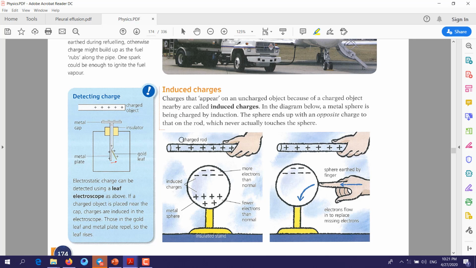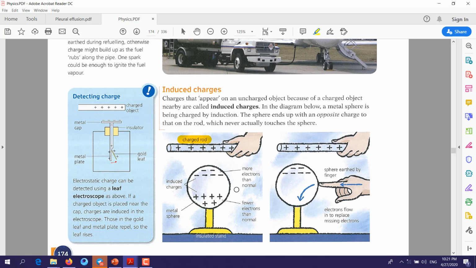You have a charged rod. It has positive charge, so it's positively charged. And you have an object. This object is neutral. It has no charge. Why? Because the number of electrons is equal to the number of protons.